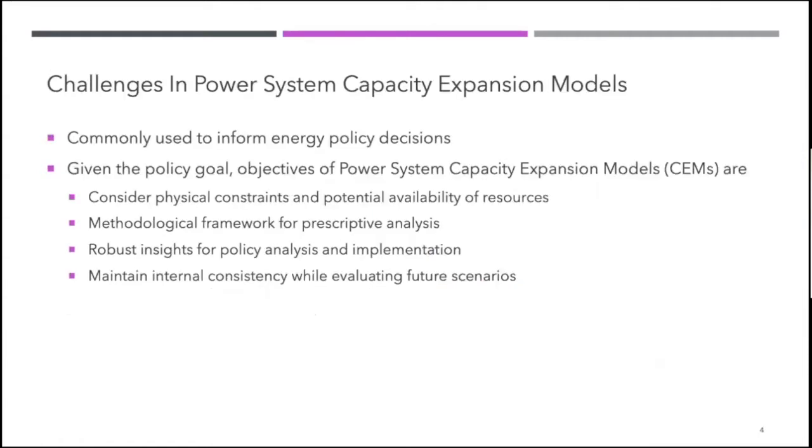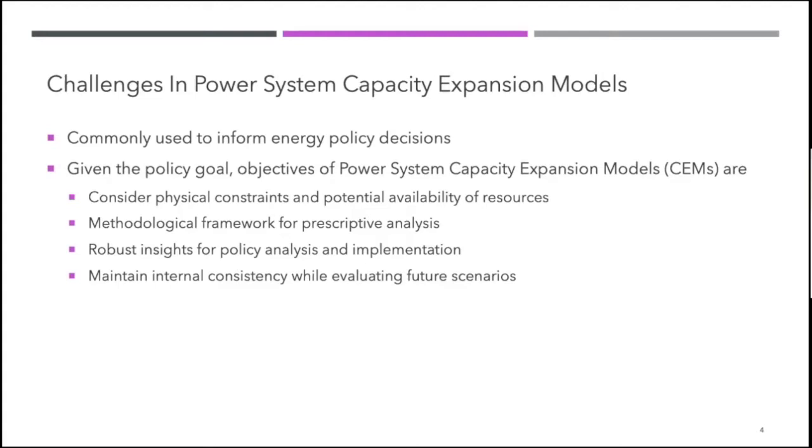So we all obviously know about power system capacity expansion models, and the goal of these models is given in these 4 points. So first, they have to consider many different kinds of physical constraints, policy-related constraints, resource availability constraints, etc. Second, they have to provide a methodological framework so that we can give some kind of prescriptive analysis that supports decision making for policy development, right?